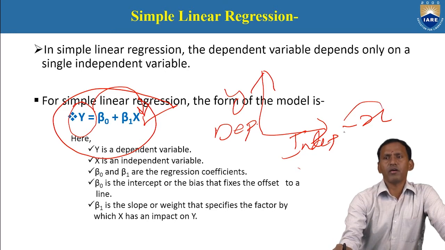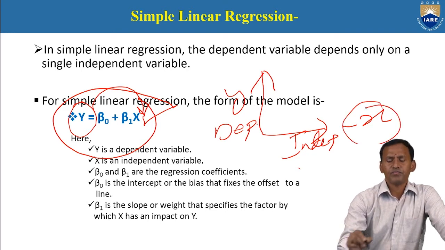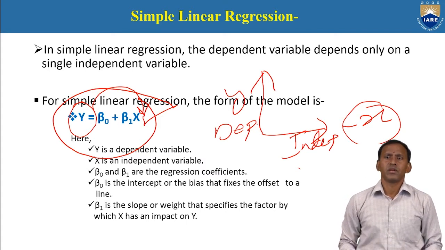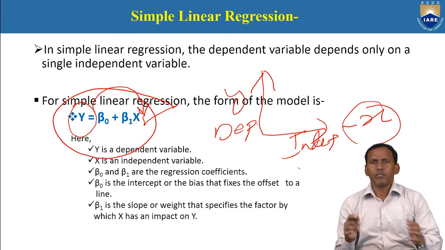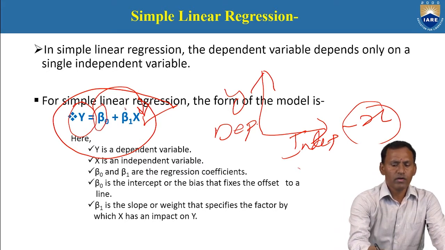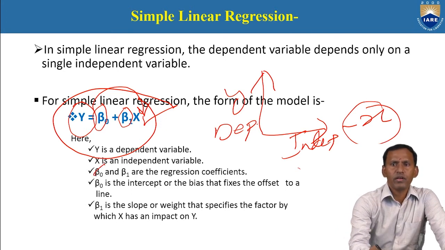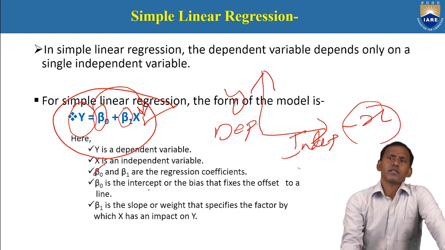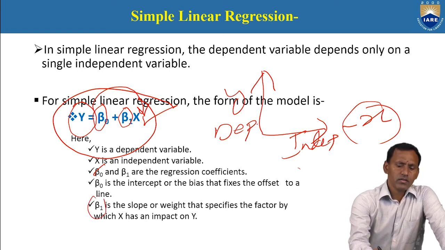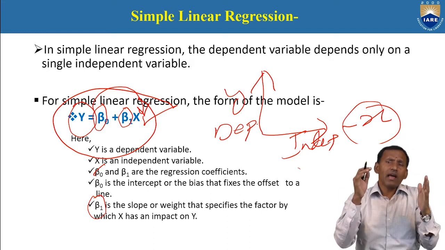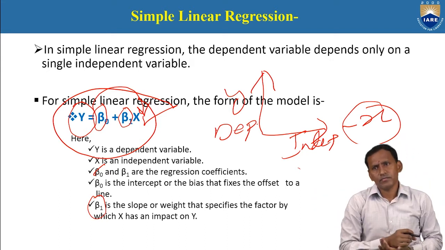So if the independent variable is only one, that is simple linear regression. Now here, these two are variables. B0 is the intercept or the bias that fixes the offset to a line. And B1 is the slope or weight that specifies the factor by which x has an impact on y.